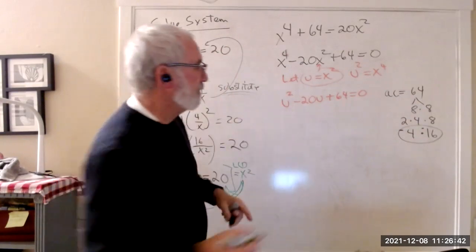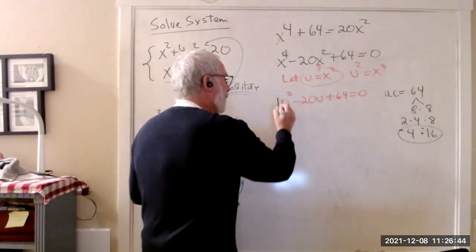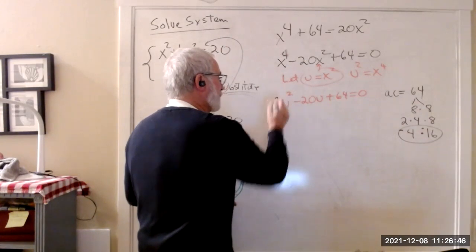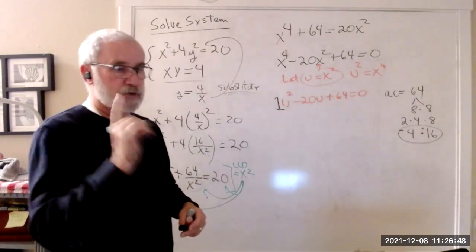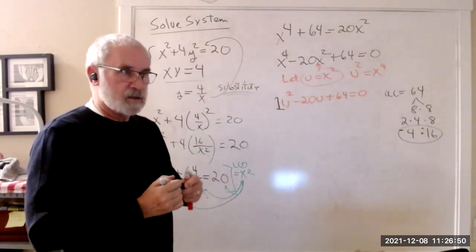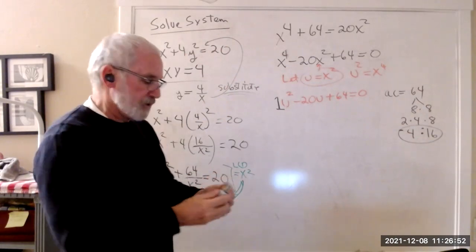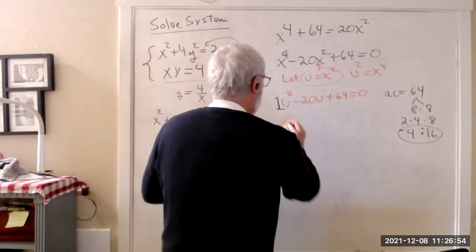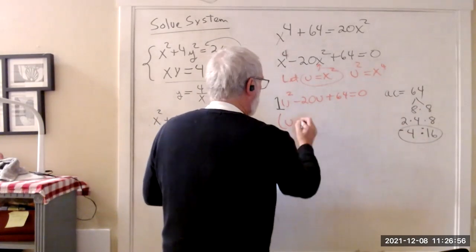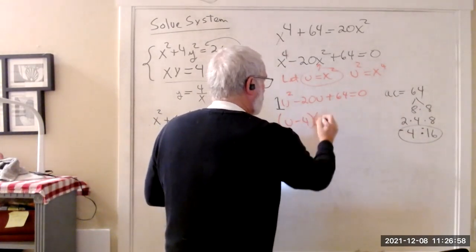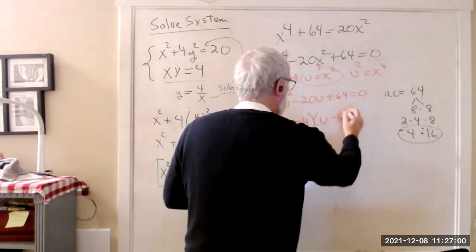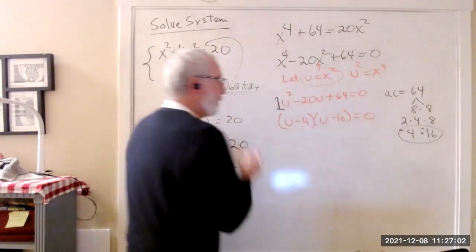And even better, because this was what I called an easy trinomial, the coefficient was a 1, you can factor this instantly as u minus 4 times u minus 16 equals 0.